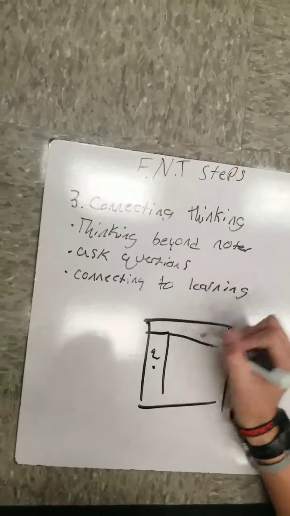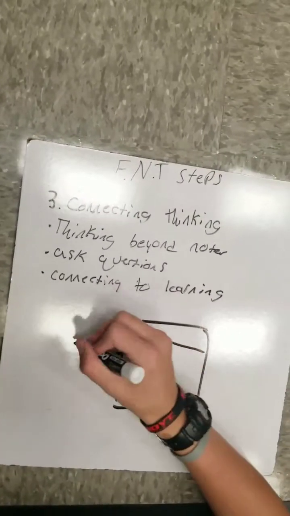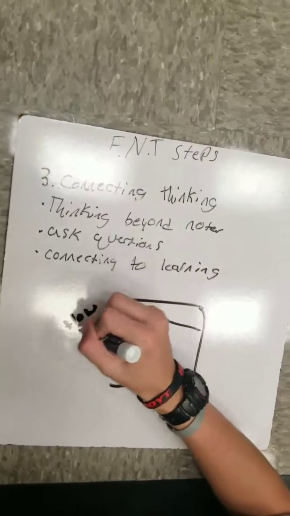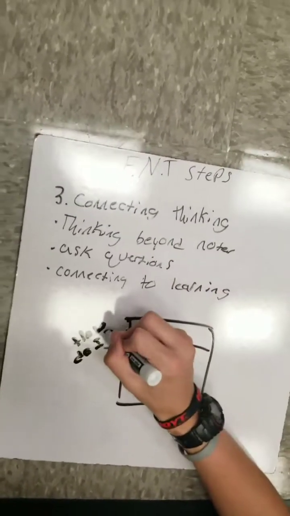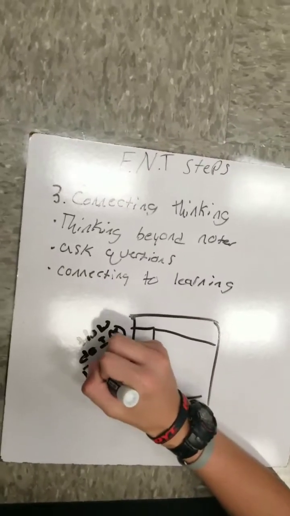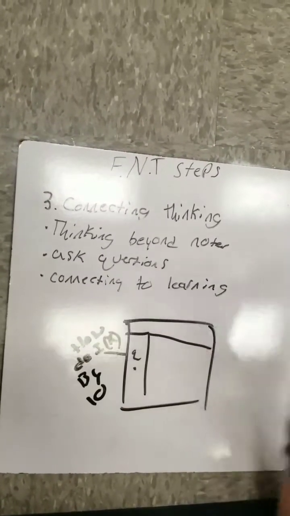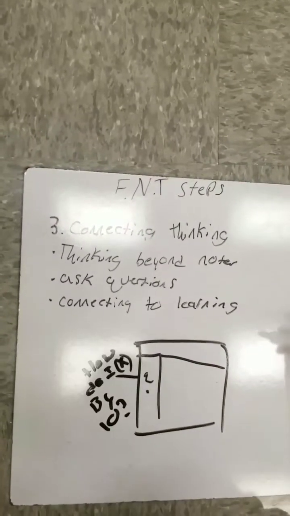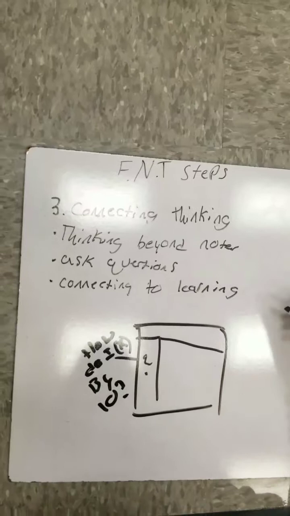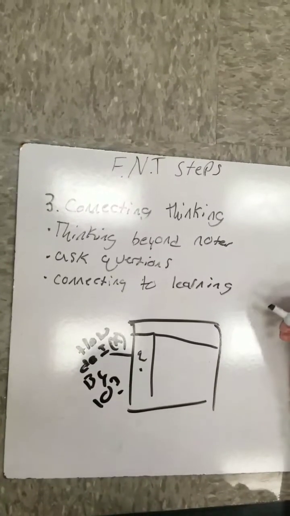Like if I'm doing math, for example, you can say, how do I multiply by 10? So that would be a question, which then you could go and make sure you can study that to make sure you get it right on your next test.